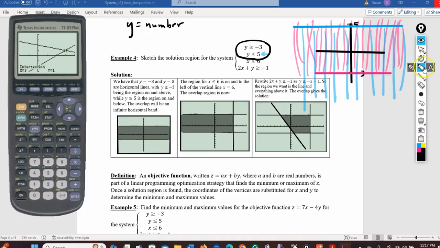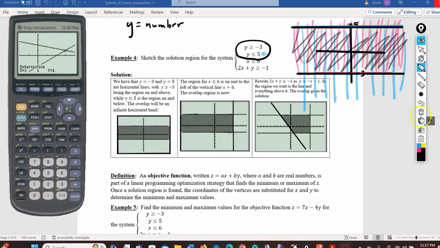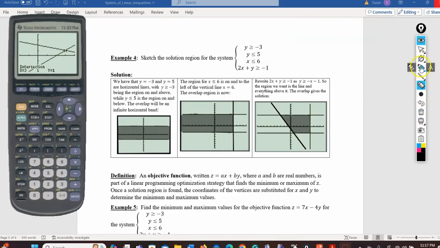Well, I think we can see that I'm going to get the lines and everything between them. So just in black is my overlap. That's going to be my overlap, and that's what I've done over here.